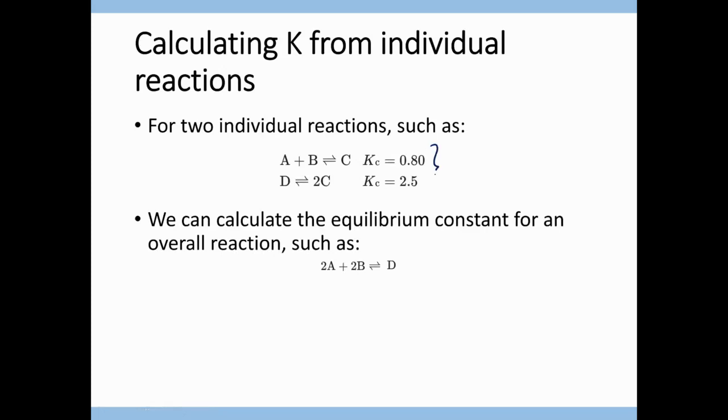So we have A plus B forming C, and then D forming 2C. This is resource information, or given information, that will be used to complete this problem. Our goal is to calculate the equilibrium constant for an overall reaction, which is the sum of some version of those given reactions.